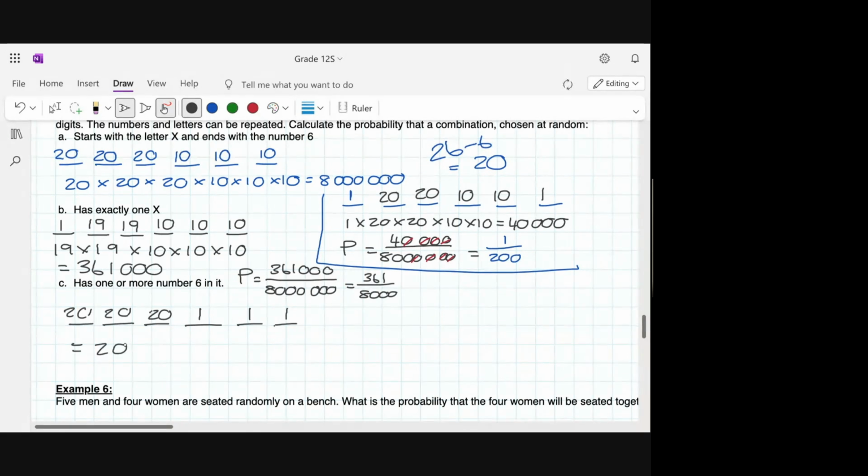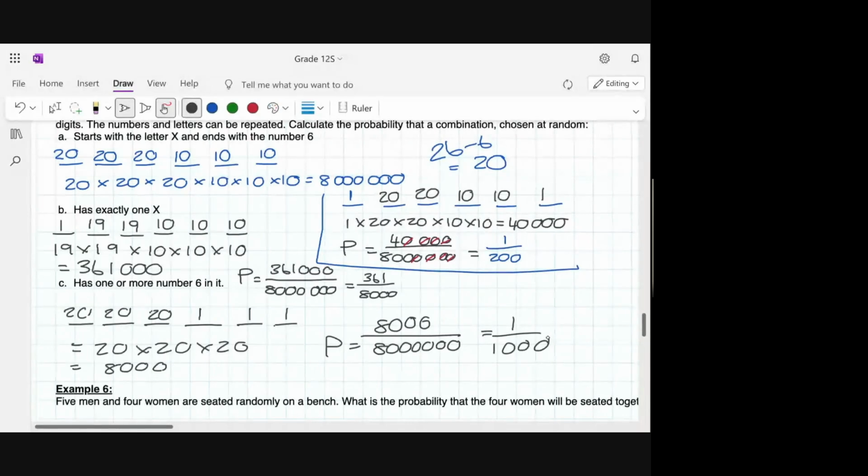So I've got 20, 20, 20 times 1 times 1 times 1. That gives me 8,000. So the probability is 8,000 over 8 million, which gives me 1 over 1,000.